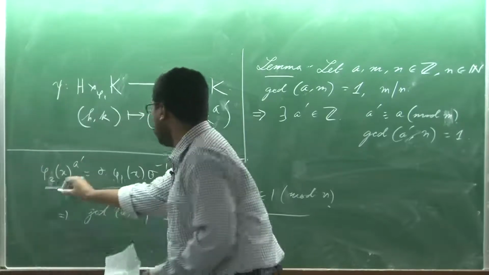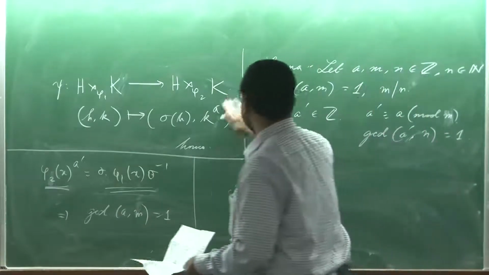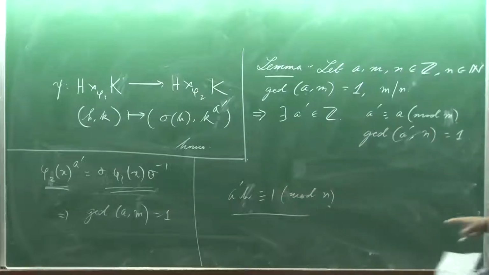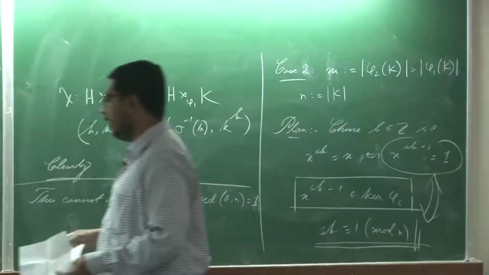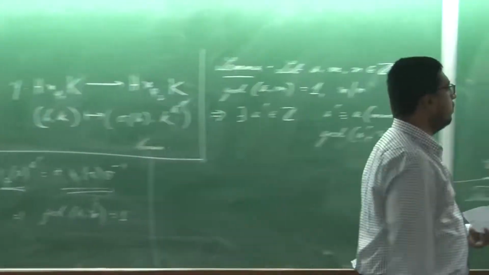Once this is there, we will change this by this, and for this A prime, whatever we pick, we will define psi accordingly, so that now the compositions will be identity.